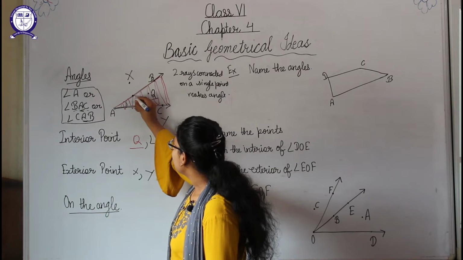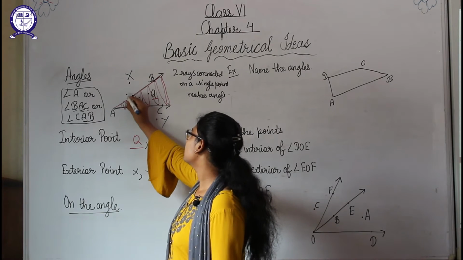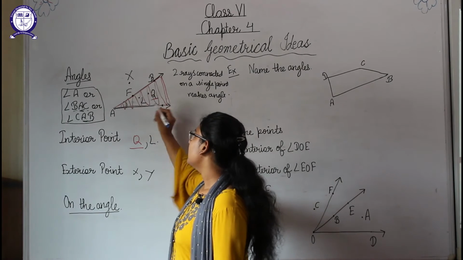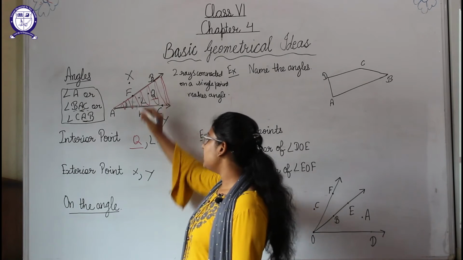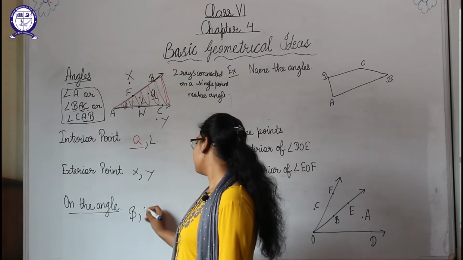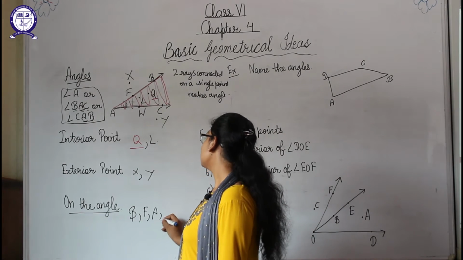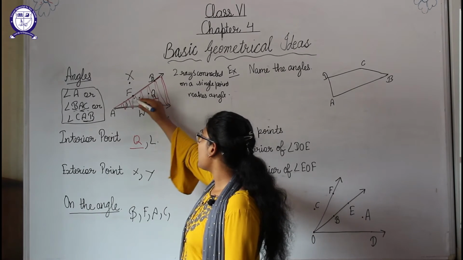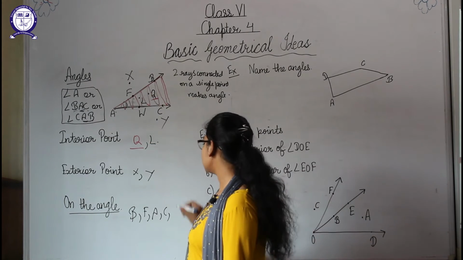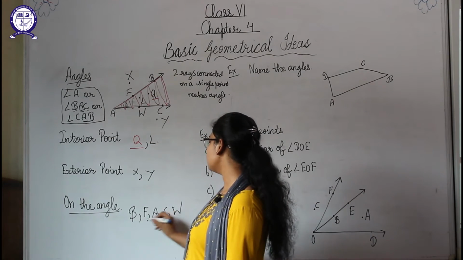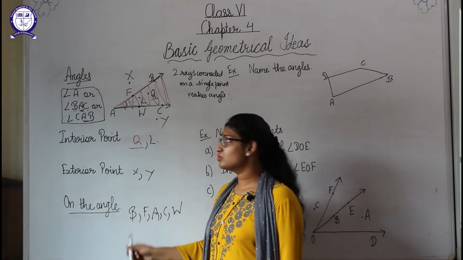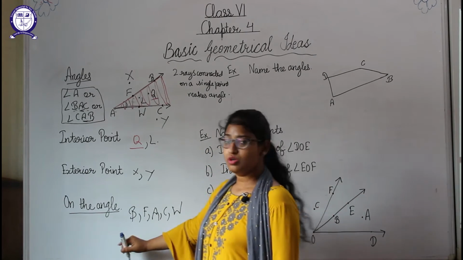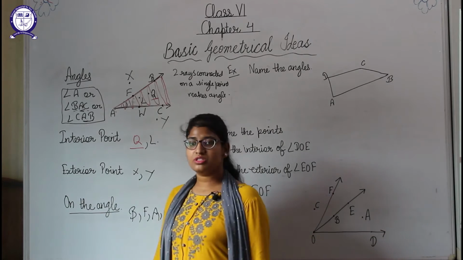Suppose I am marking it here as F, and here I am marking it as W. It means these B, F, A, C, and this W point also, all are on the angle. So students, I hope you understand the concept of angles.